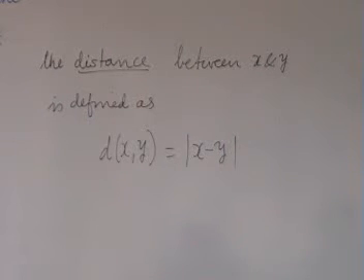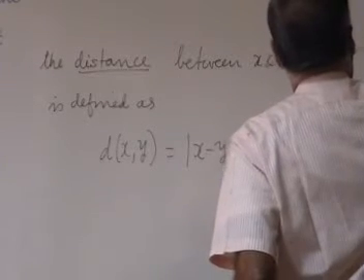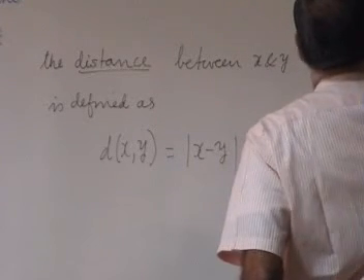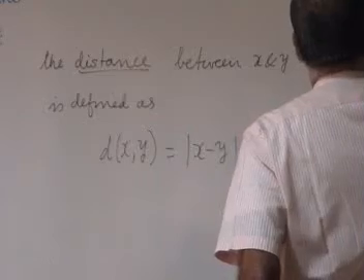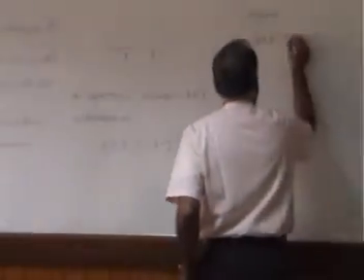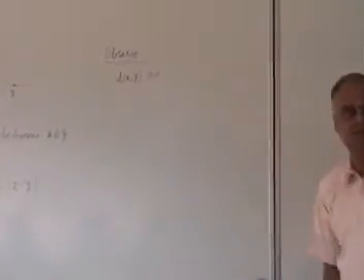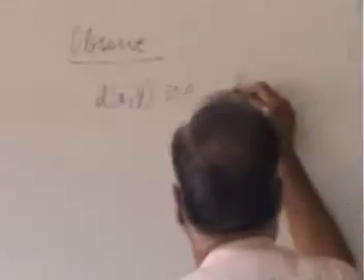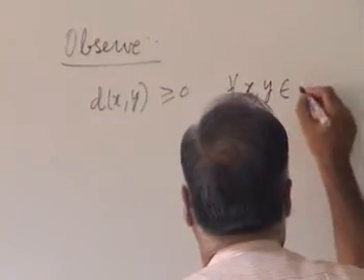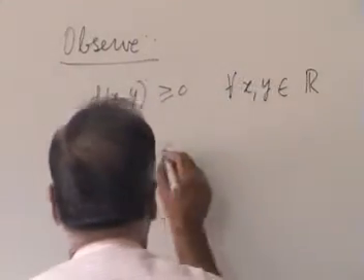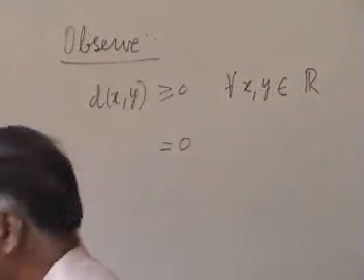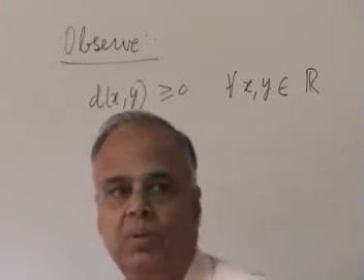And we observe the following facts. The distance is always greater than or equal to 0 because it is an absolute value. And when does it become 0? If it has to become 0, the absolute value must be 0.